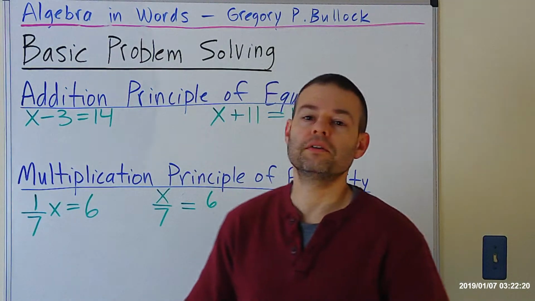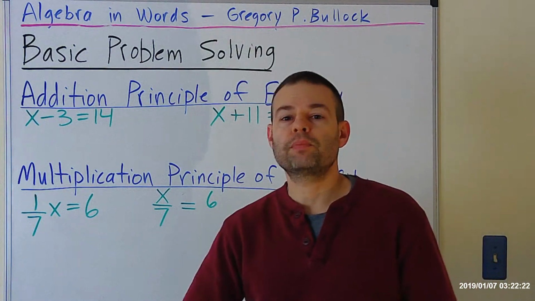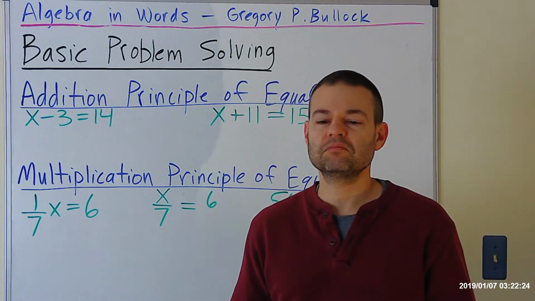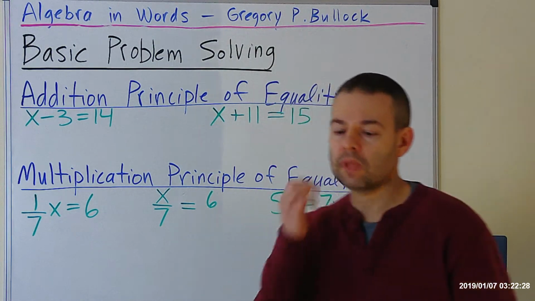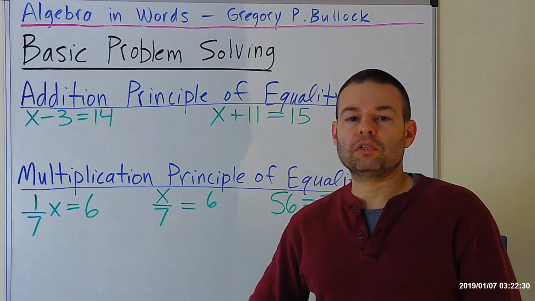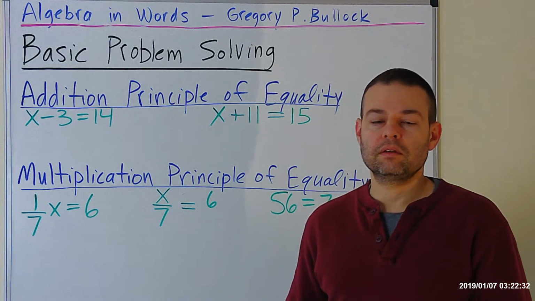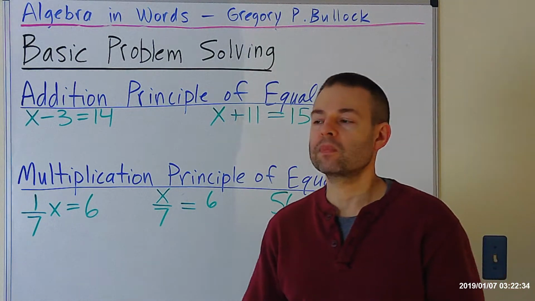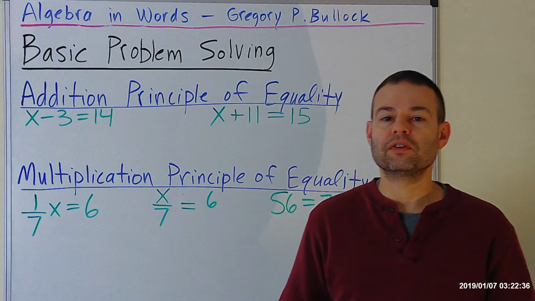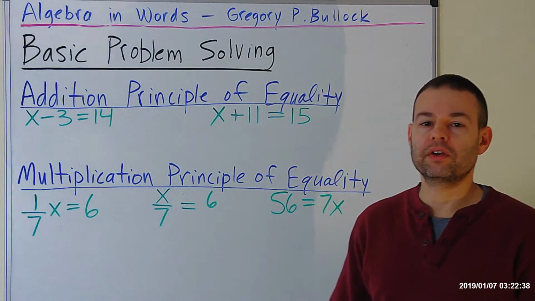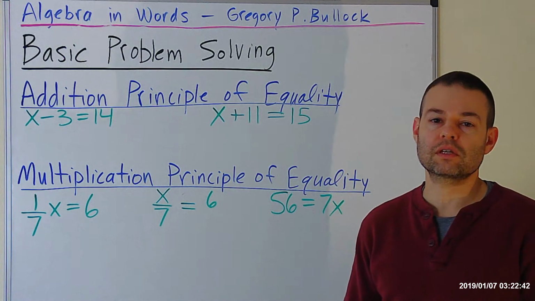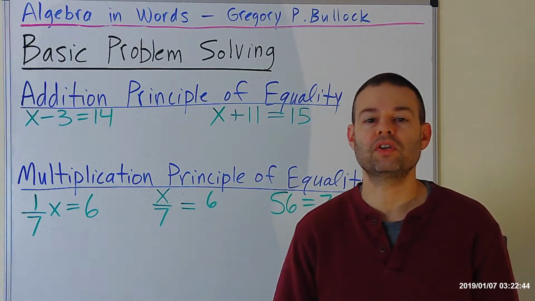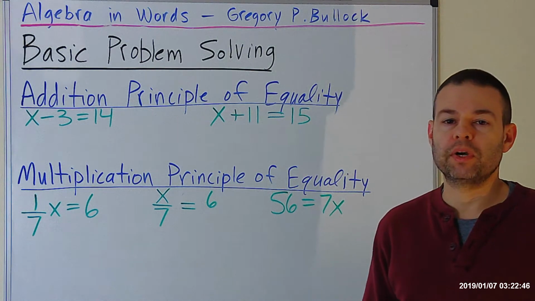So let's get started. First of all, basic problem solving is solving basically simple algebraic problems with one variable. We get into multivariable and more complicated equations as we go. But basically, when you're doing basic problem solving, you're going to be doing possibly some form of addition or subtraction and some form of multiplication or division to get to the endpoint.